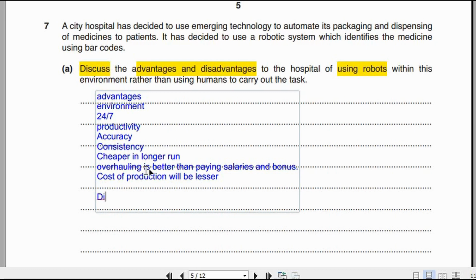In terms of disadvantages, what you can write is that these are expensive. Buying technology is always expensive. If something happens, the whole system can collapse and cause many damages. Setup cost is high.